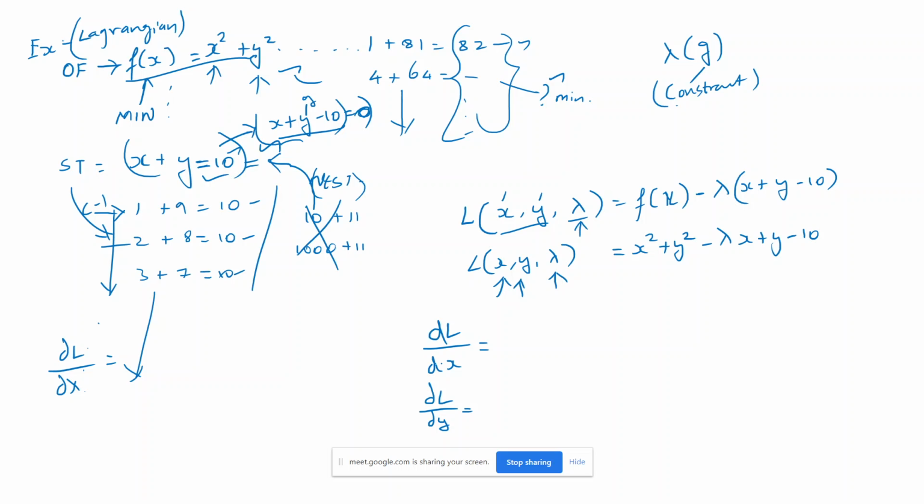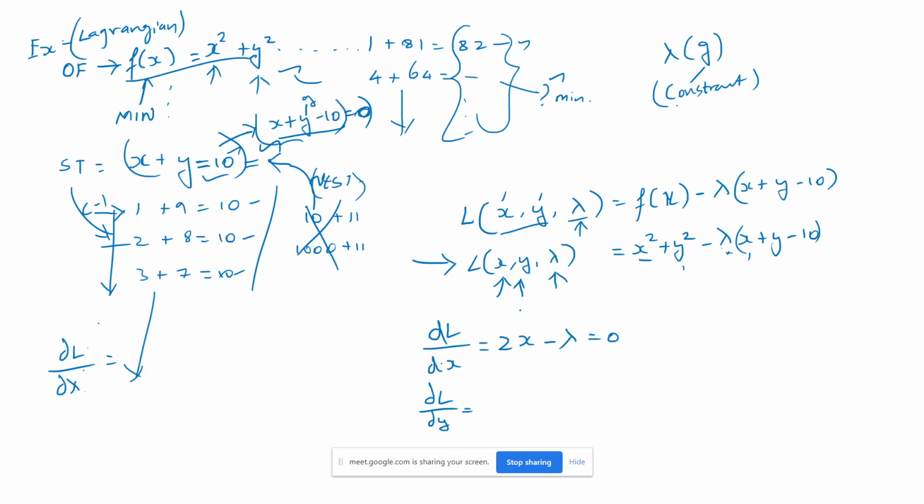If you differentiate this equation with respect to x, then we will get 2x, and this will be 0, and this will be lambda. In this lambda term I have only one x, so I will get lambda alone. So I will get 2x minus lambda is equal to 0.